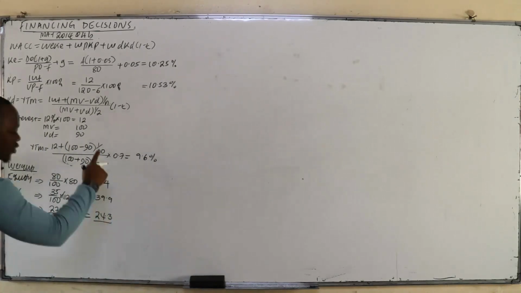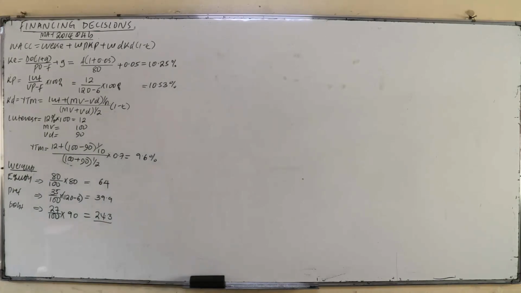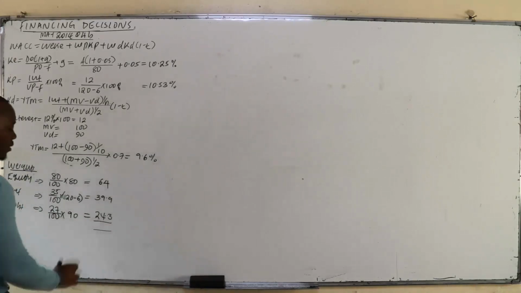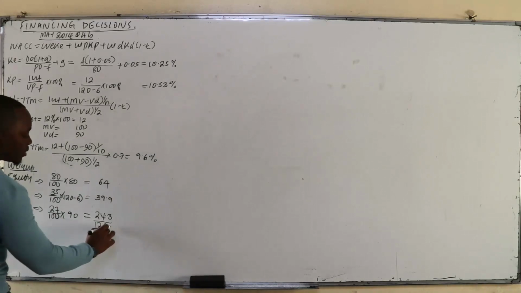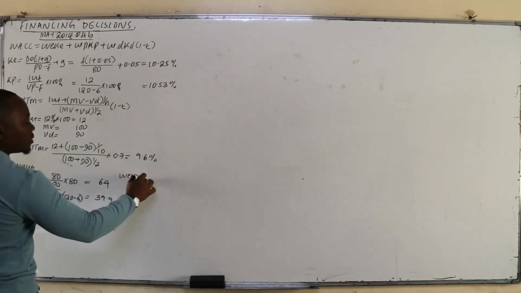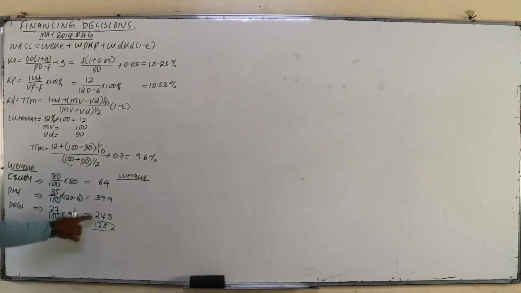Good. So now write the total current value: 128.2. Now let's convert this one into weights. 64 over the total, 9.9 over the total, 24.3 over the total. So convert it into proportion.